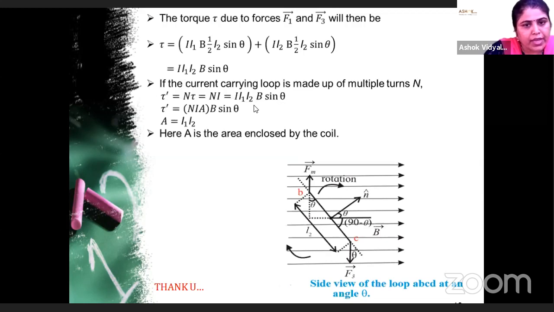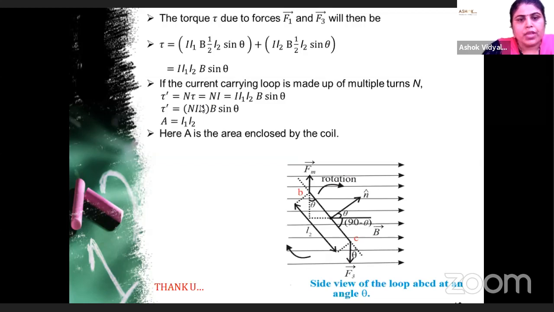Again, L1 L2 we can call A, therefore tau is equal to n I A B sine theta, where n is the number of turns, I is the current flowing through the wire, A is the area, B is the magnetic field, and theta is the angle between them. In this way we can find the torque for n turns of the rectangular coil.